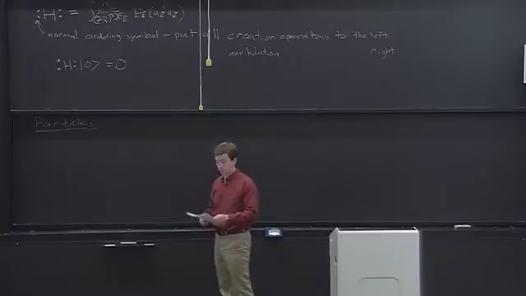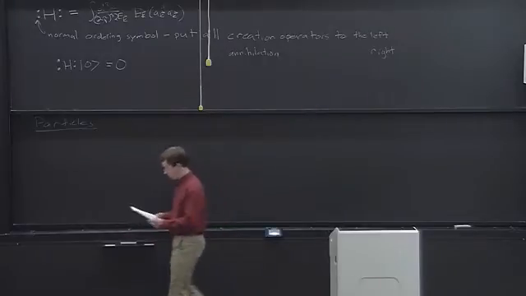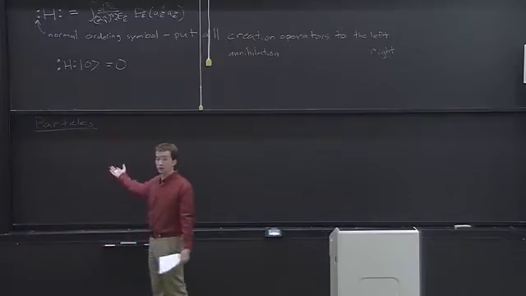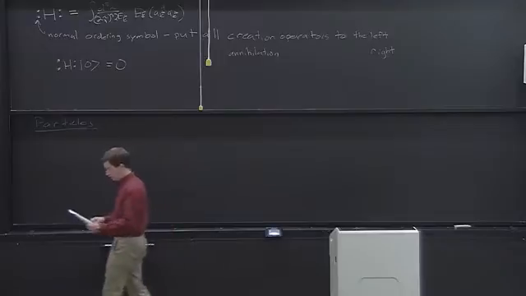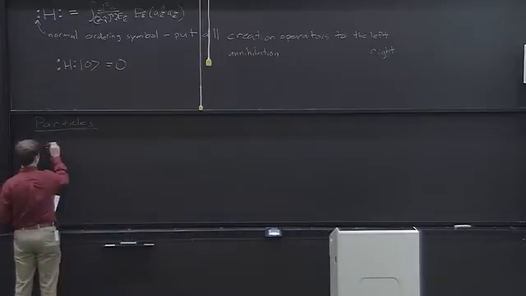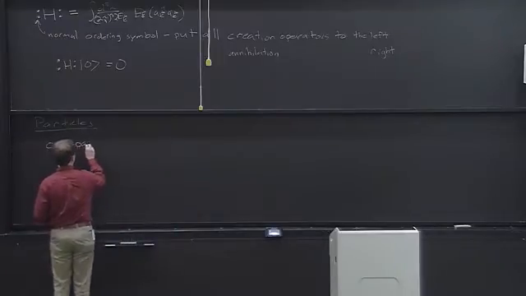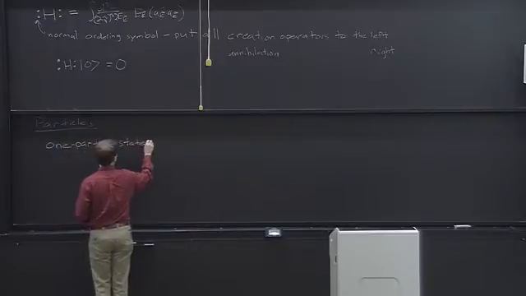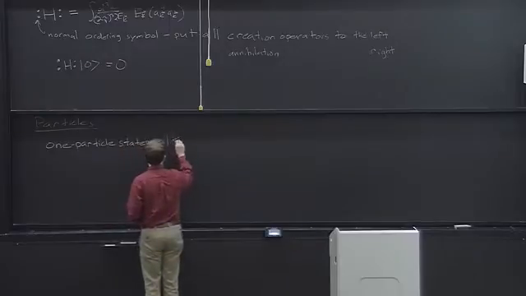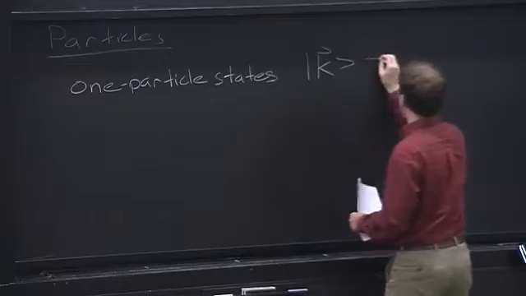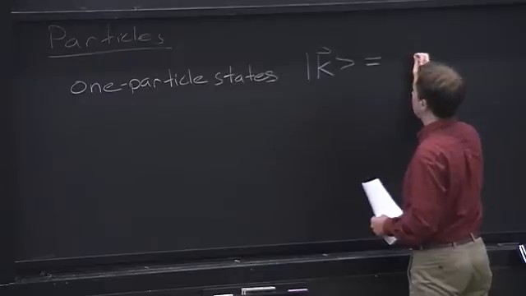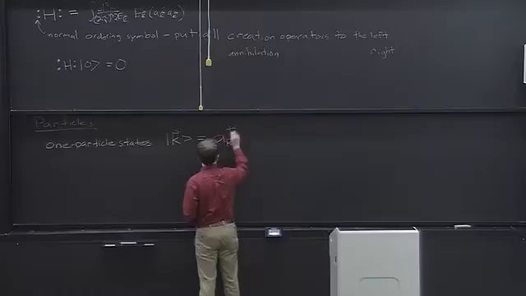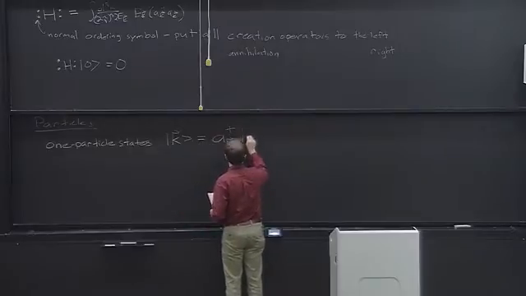Now about to talk about the states with particles. We can create particles by acting with the creation operators on the vacuum. And the one particle states, which I will denote as |k>, are just the states where we act with one creation operator on the vacuum.